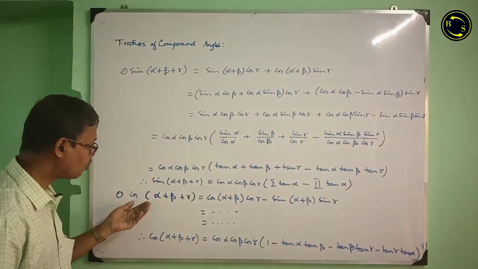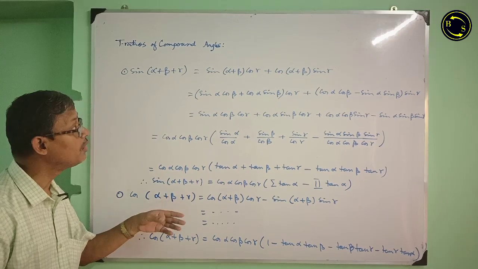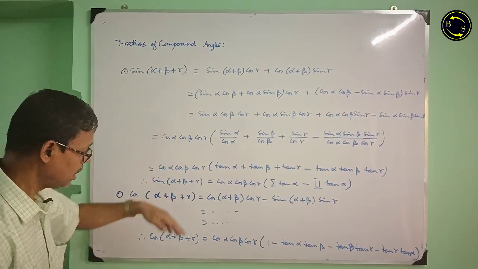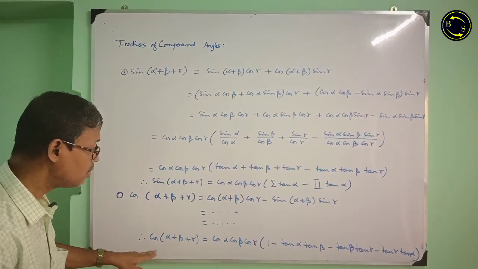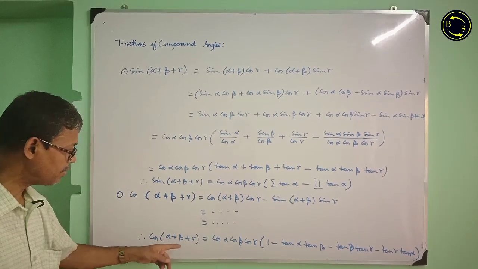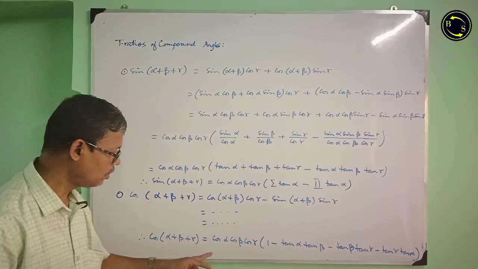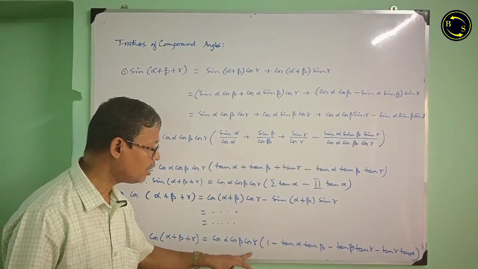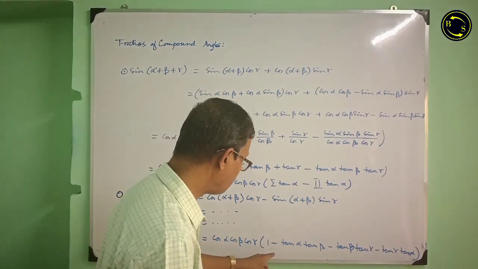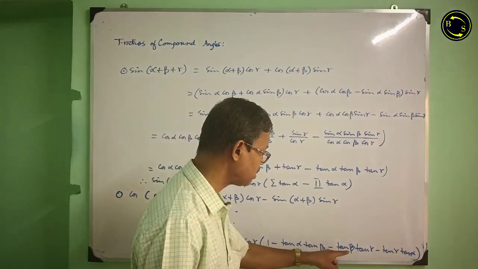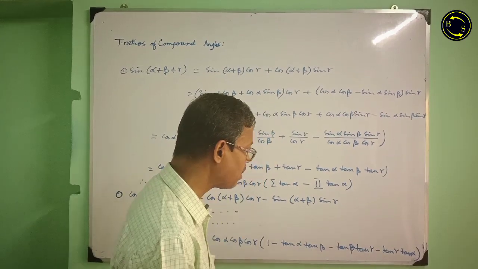Then for cos of alpha plus beta plus gamma, if we proceed similarly, then we will get this form: cos of alpha plus beta plus gamma is equal to cos alpha cos beta cos gamma within brackets 1 minus tan alpha tan beta minus tan beta tan gamma minus tan gamma tan alpha.